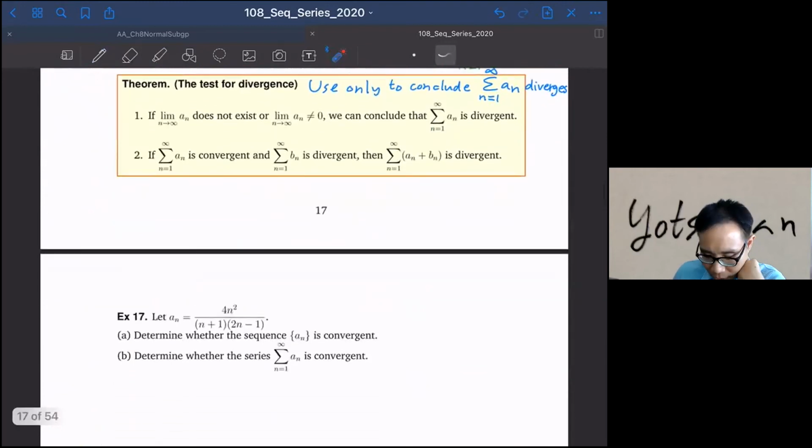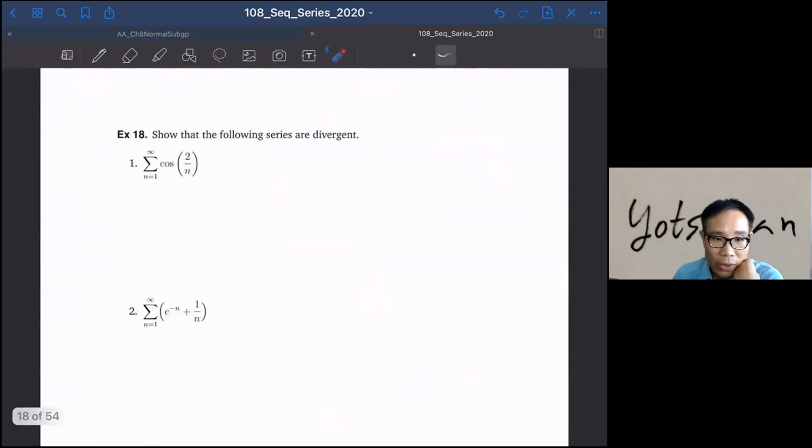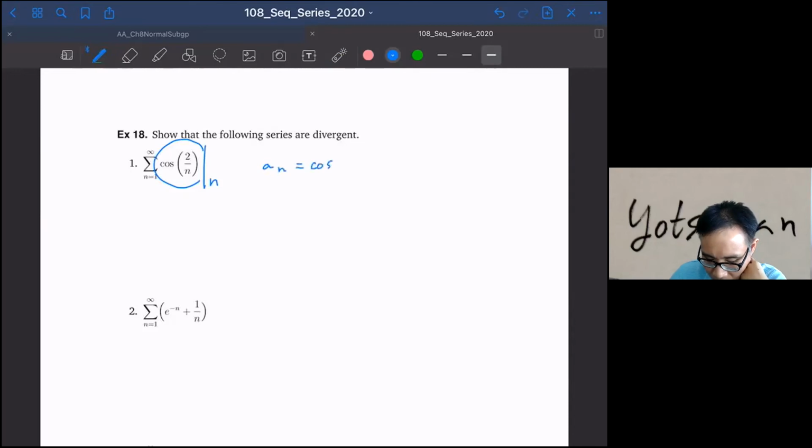Okay, so let's do example 18 first. In example 18, we would like to show that the following series is divergent. So you try to see that you have an, an equal to cos of 2 over n. So you compute the limit as n goes to infinity of an.